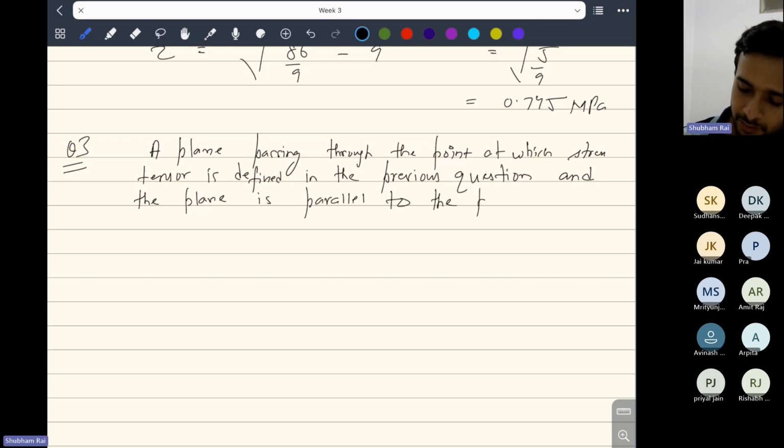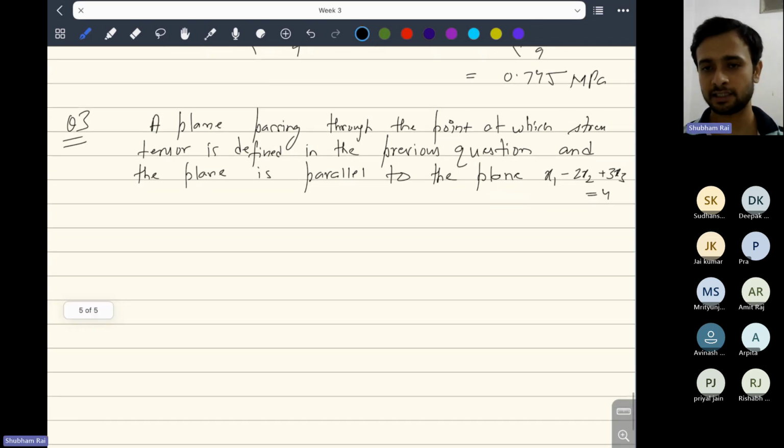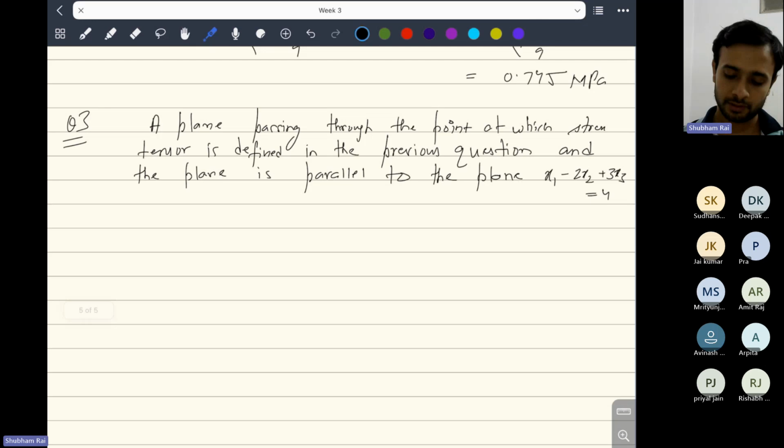The plane is parallel to another plane, and the equation of that plane is given by x1 minus 2x2 plus 3x3 is equal to 4. So that is a plane, that is another plane. So this plane is parallel to this plane. Okay.